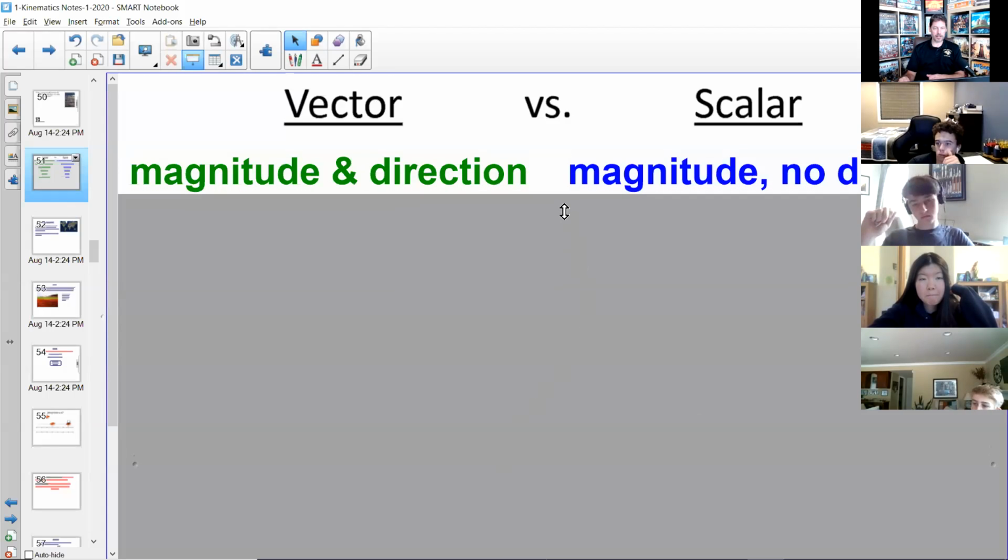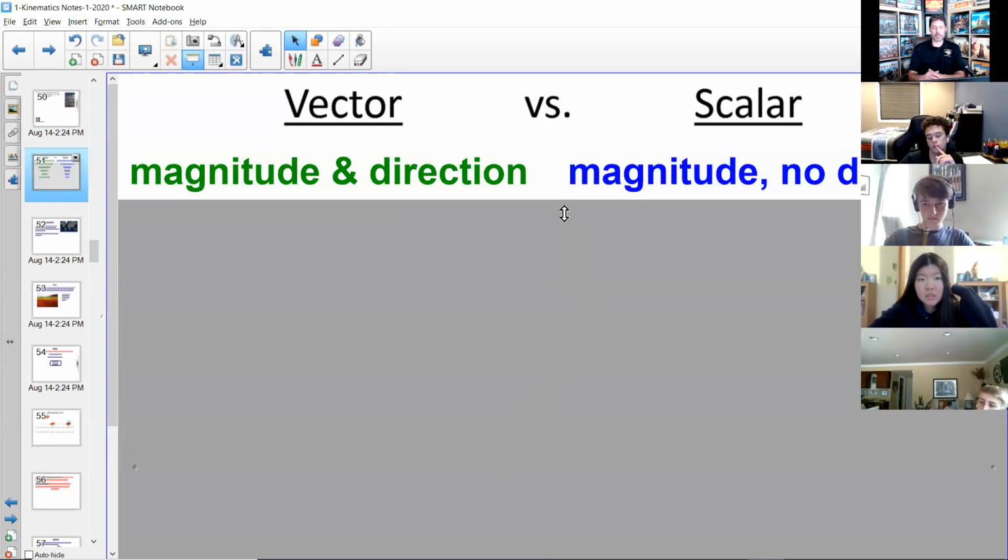We've talked about displacement as the example of a vector and distance as the example of a scalar. But a vector is a number or a value that has a numerical magnitude. Magnitude just means numerical value. So it has a size, a numerical value. And then it also has direction like north, south, east, west, forward, backward, up, down, something like that.